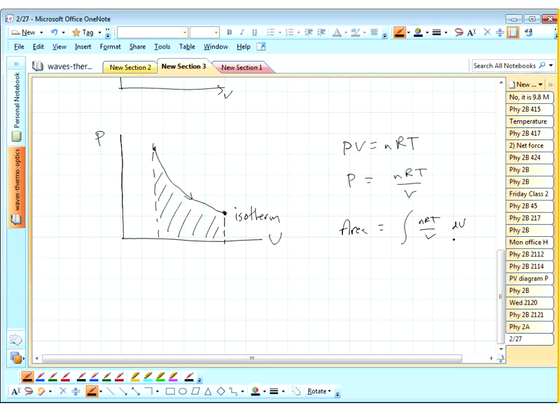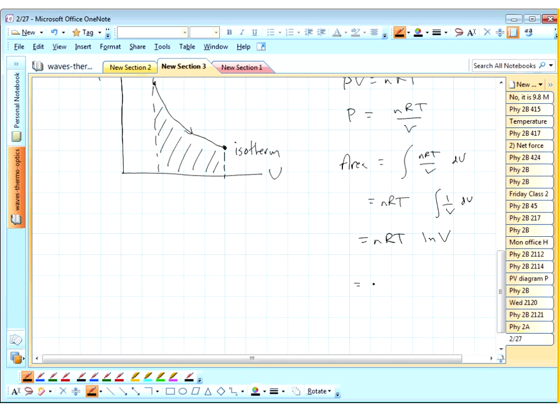Anyway, n, R, and T are all constant, so they come out. I don't know how much calculus you've had yet. The integral of 1 over V is the natural log of V, and you're going from V1 to V2, so you get the area is nRT times the natural log of V2 over V1.